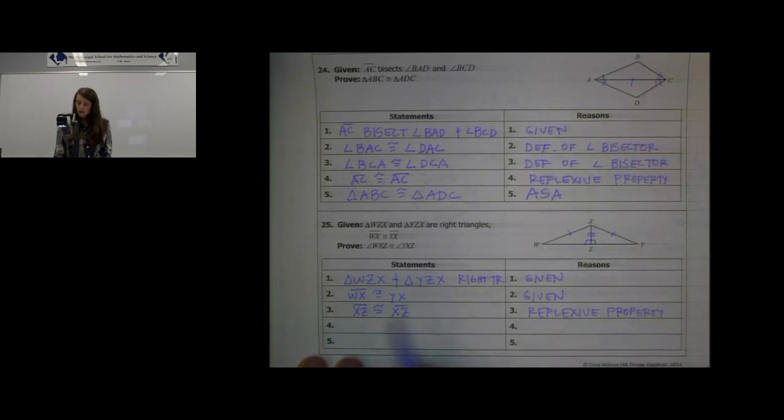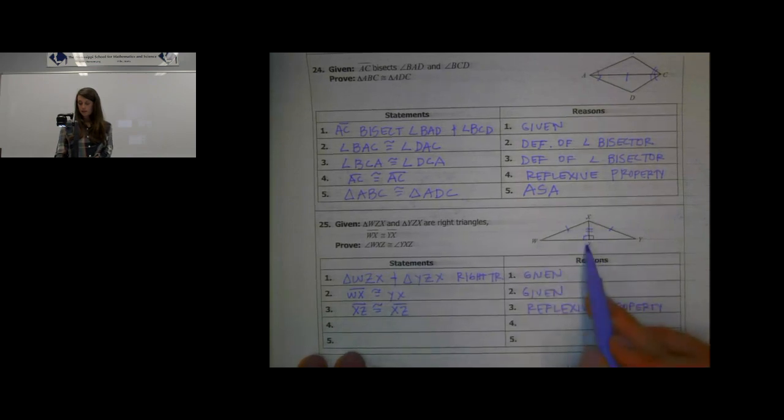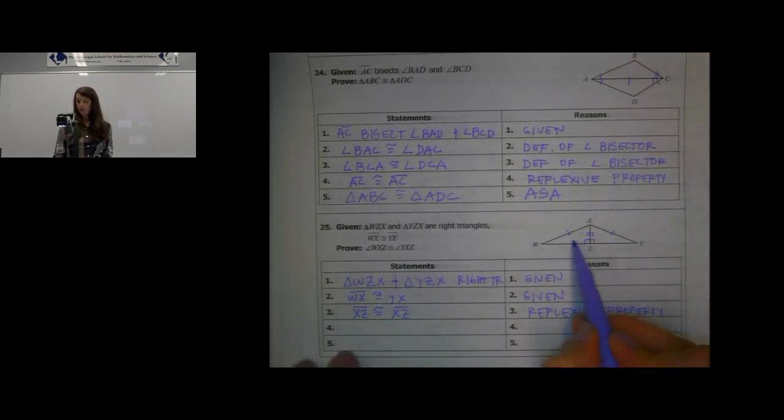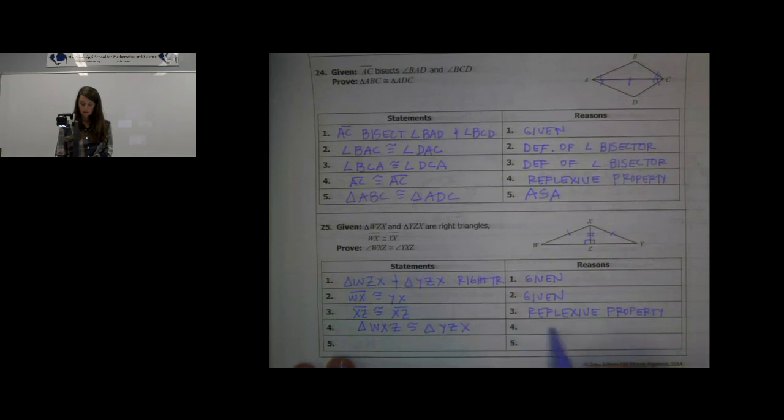Okay, so how can I prove that angles WXZ and YXZ are congruent? I have to prove that the triangles are congruent first. This is a right triangle, so the hypotenuse and my legs are going to be congruent. So triangle WXZ is going to be congruent to triangle YXZ by hypotenuse leg.